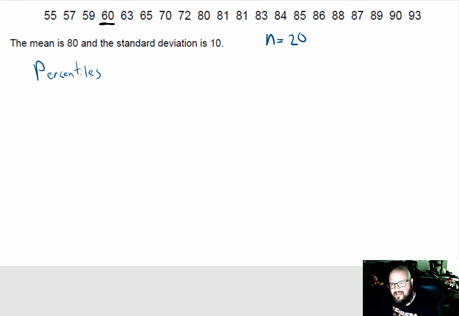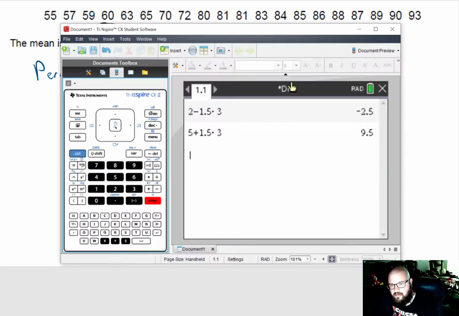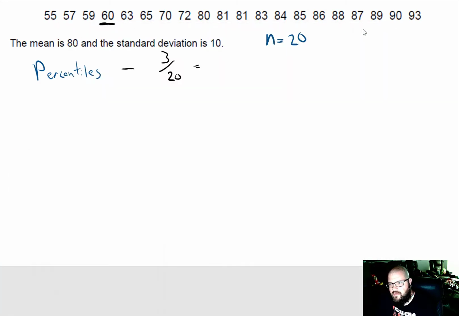So to find that, we would simply say there is 3 out of 20, in which case I'm going to go to our Google calculator, say 3 divided by 20, that should give us 0.15.